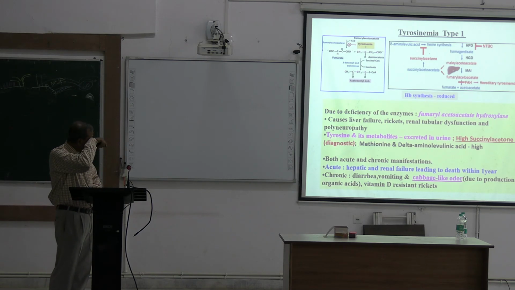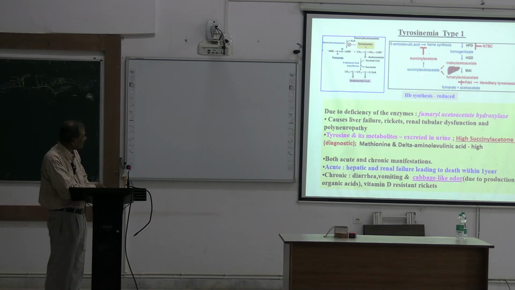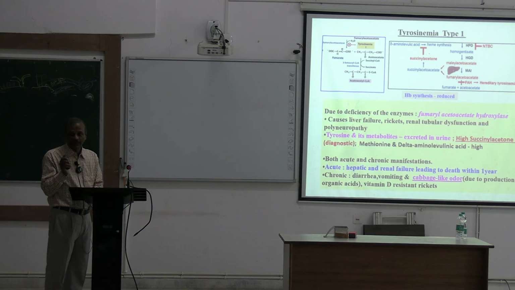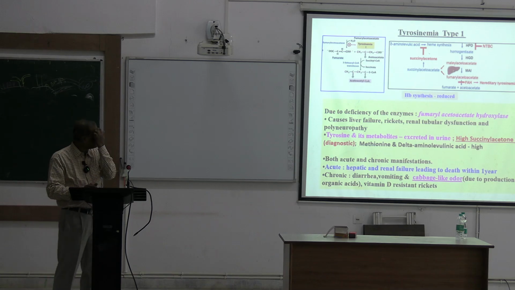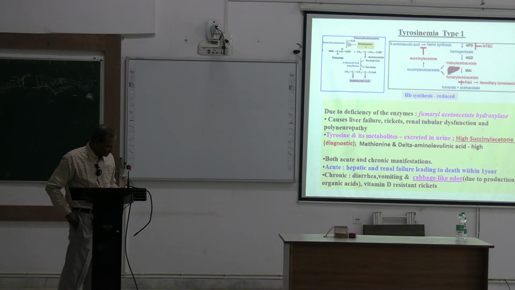Because of the high concentration, there will be a cabbage-like odor of the urine. So cabbage-like odor is specific for Tyrosinemia type 1. This you note down as a short note, as an MCQ, or high succinylacetone level. These are the two things which I want to tell you.